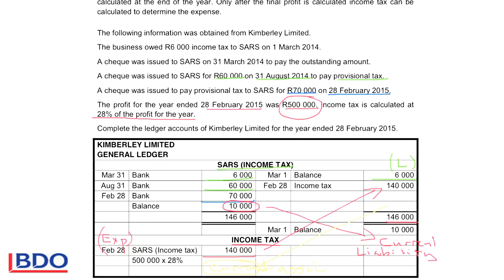What is the effect of a current asset? It means that we paid too much provisional tax to SARS. We actually made a smaller profit than we thought. So we paid too much provisional tax, and SARS now owes us an amount of money that they have to pay back to us.